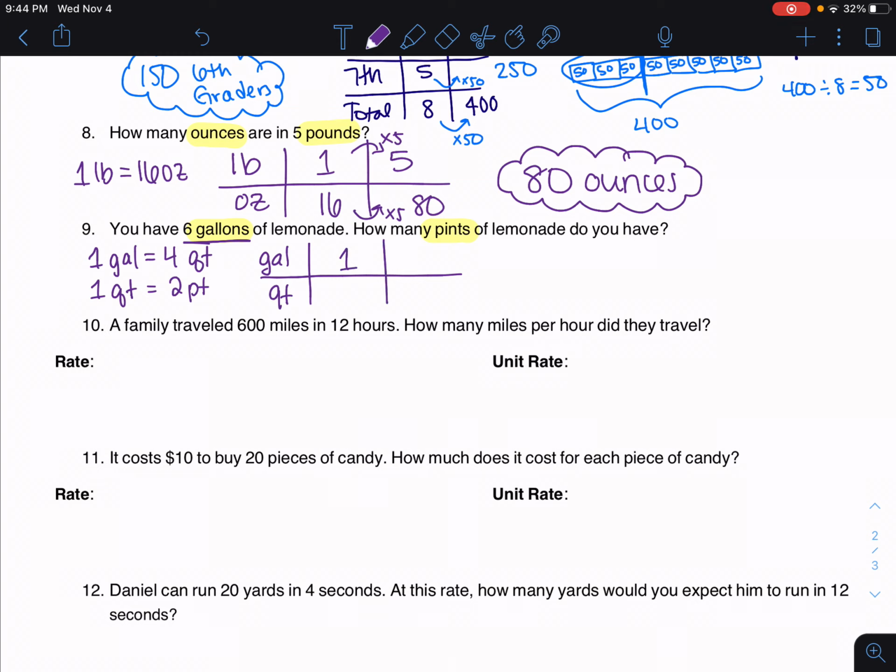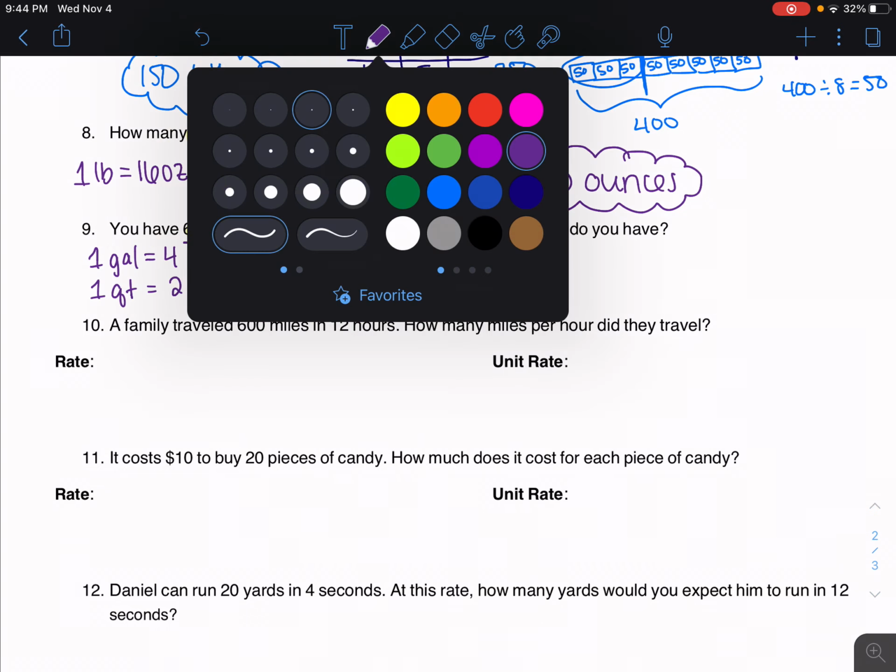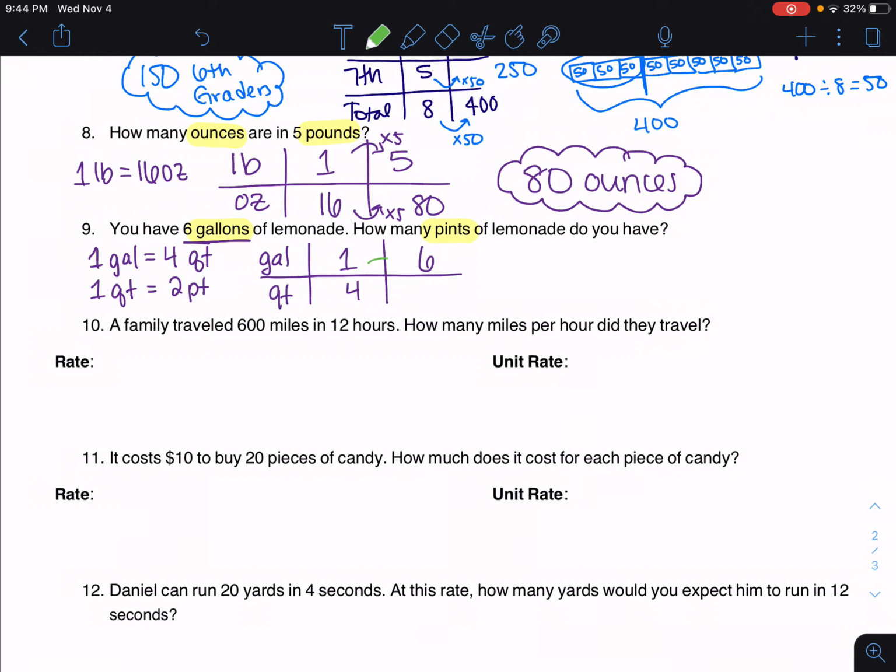So 1 gallon is 4 quarts, and I have 6 gallons. To get from 1 to 6, I'm going to multiply by 6. So 4 times 6 is 24. That 24 is going to go into my next table. So now I'm going to go from quarts to pints.